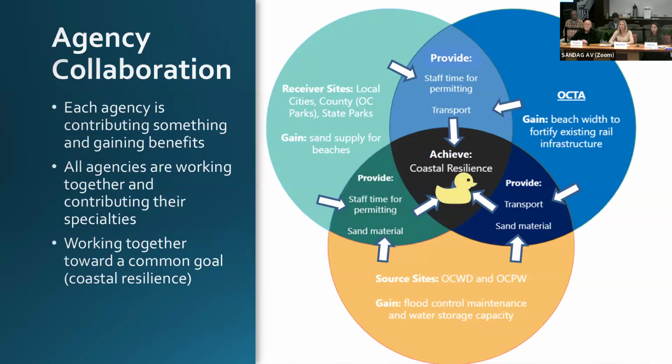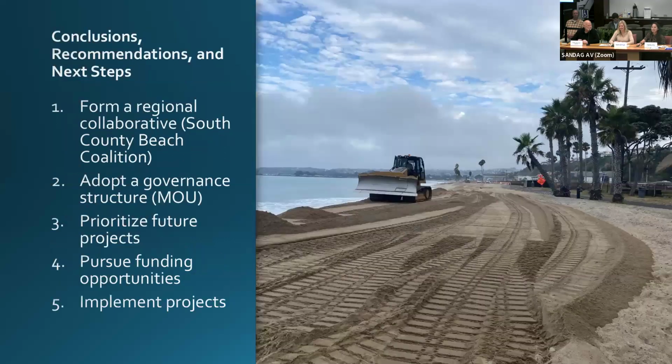Our LA County partners lent me this duck idea of, smooth on the surface, working hard down below the water. Just wanted to throw the little duck in there. So conclusions of recommendations from the plan itself are really to formalize regional collaborative, create a sand management plan, and then implement sand retention projects in the future.